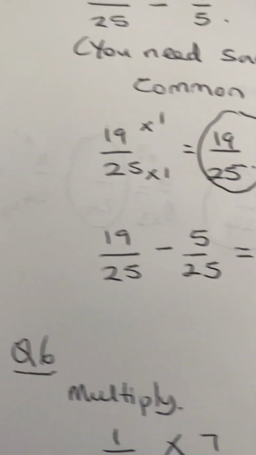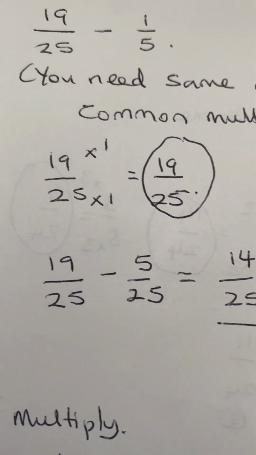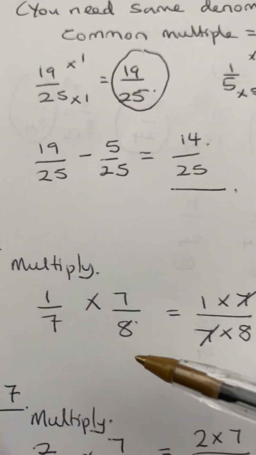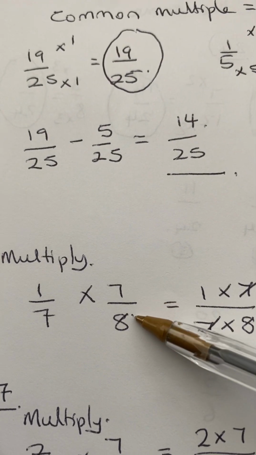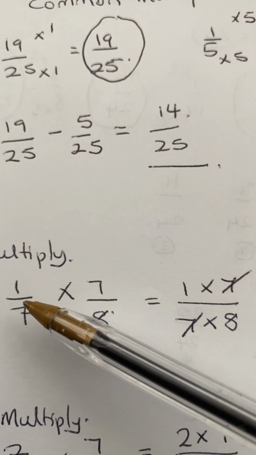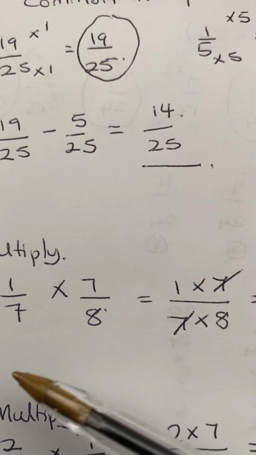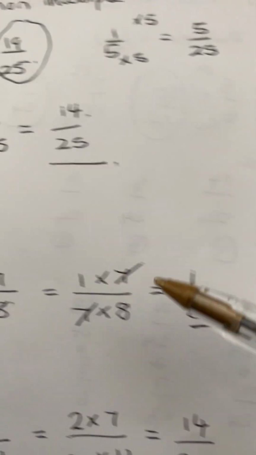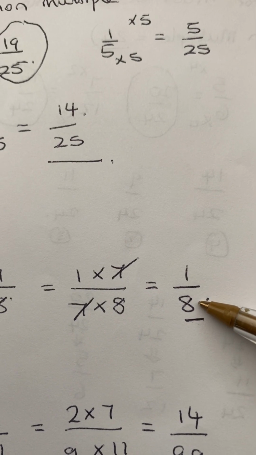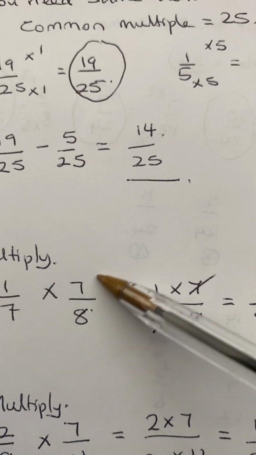Now let's look at some multiplications. Okay, in multiplication, it's straightforward. We multiply the numerators and multiply the denominators. So here, 1 times 7 is 7. 7 times 8 is 56. Or the 7 can cancel out.